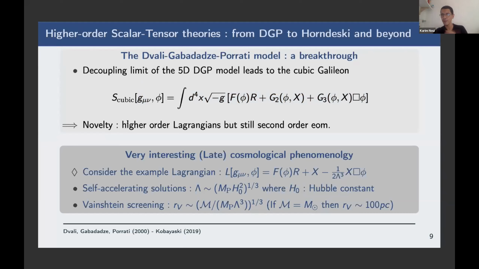This is a novelty because, as I said, we have higher order Lagrangians, but we still have second order equations of motion. So everything happens as in general relativity. If you write the Ricci scalar in terms of the metric, you will get second derivatives of the metric.